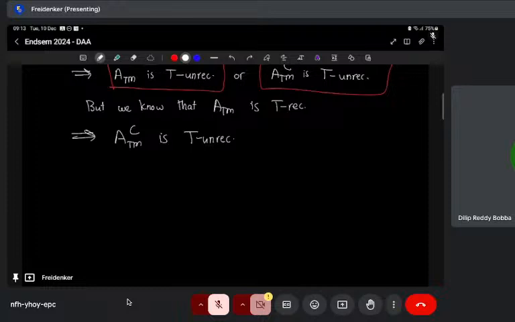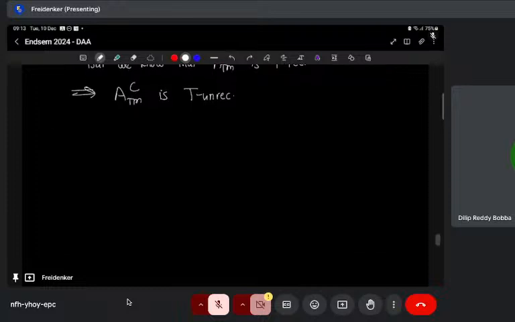Okay, so the re-entry. Now, class of P and class of NP are going to do a re-entry there. So, class of P we know, right?